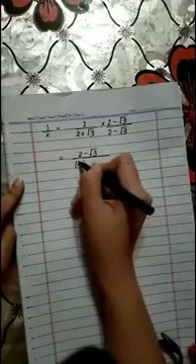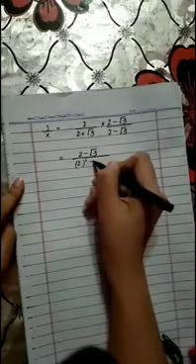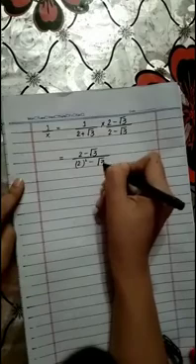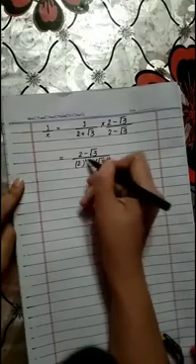Numerator 1 multiplied with 1 remains the same. Here the values are the same, just the sign is different, so we apply the formula a plus b into a minus b, considering a is 2 and b is square root 3. What is the formula? a square minus b square. We have used this formula many times already, so you are well familiar with it.